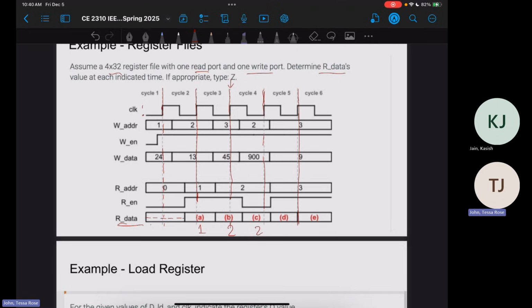Some problems we have don't talk about the read and the write. They simplify. Just, what is the value on the register? They don't complicate it. Here it's asking what's the write value, what's the read value? We never had one like this. Usually it's just what's the value in the register? That's what we ask. Dang, okay.